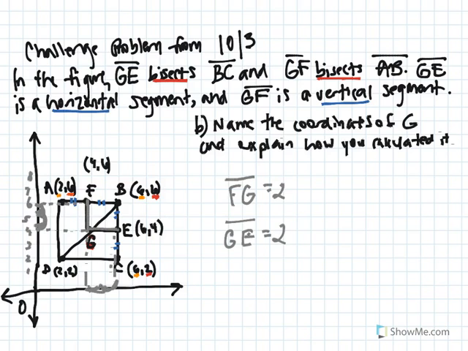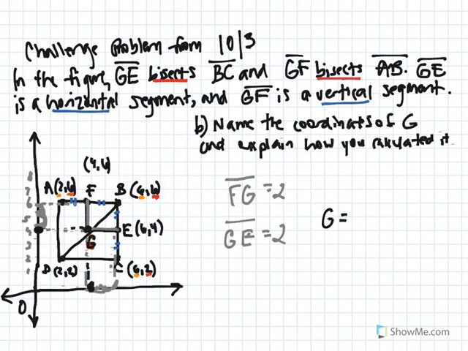Okay, now if we know these are the points where G kind of reaches the axes. We know 1, 2, 3, 4. If we count over 4 and then we count up 4, we'll get to 4, 4, and that's where G is, right? We just kind of followed the distance and counted.